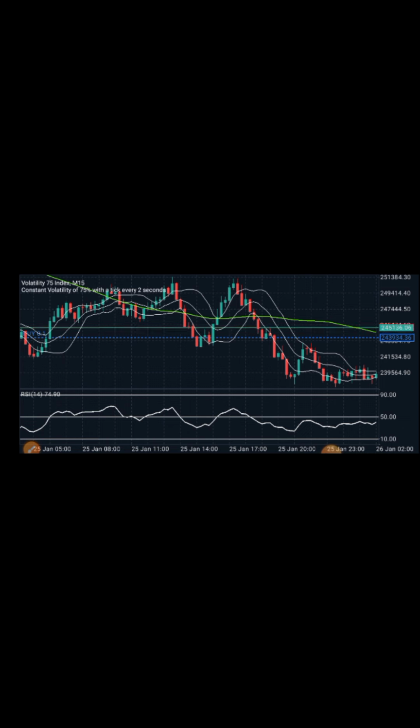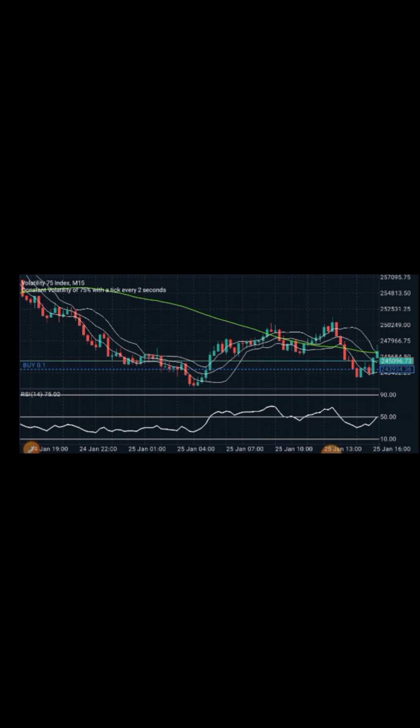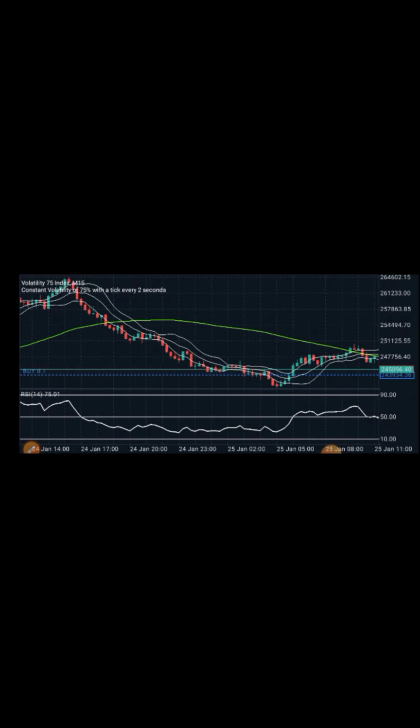My 15-minute time frame, it was buying. So I had to enter for buy. I didn't wait for this condition to be met before I entered for the buy, and as you can see, the buy is doing well. But as a beginner, you have to wait for all these conditions to be met before you enter a trade, so that you will not lose your money.